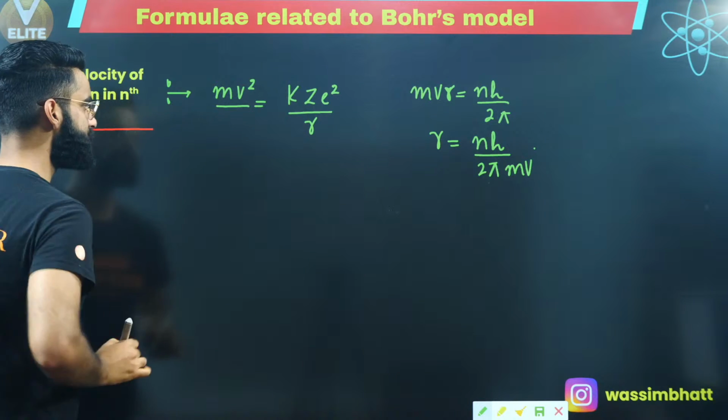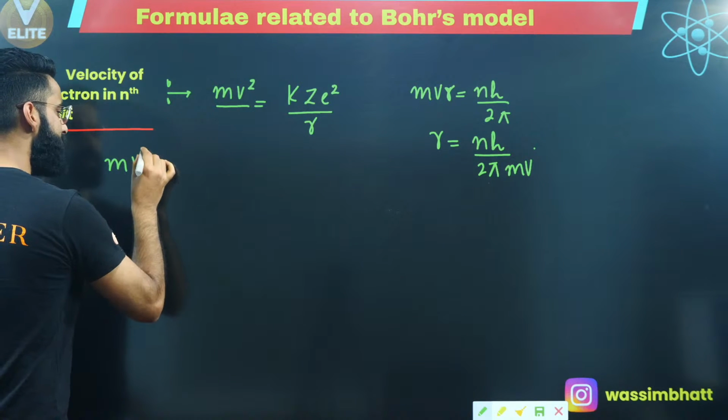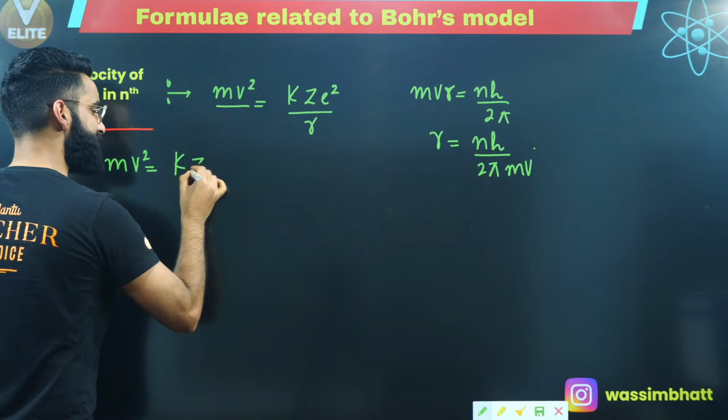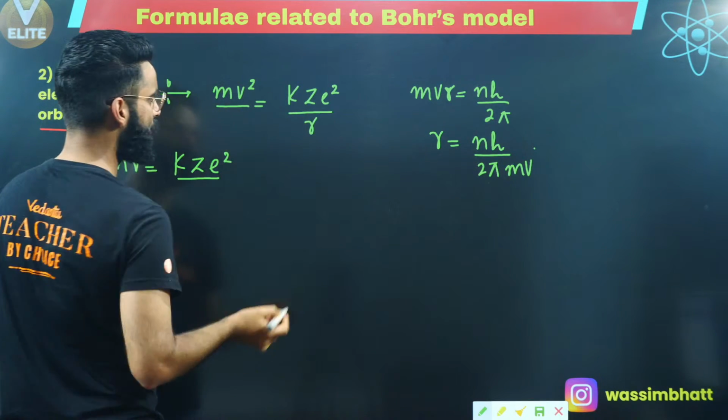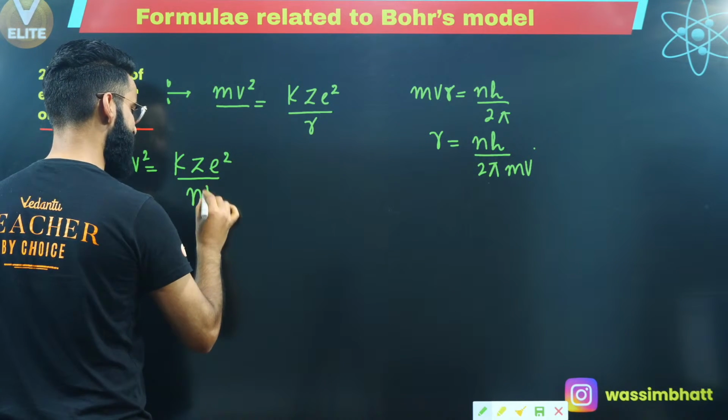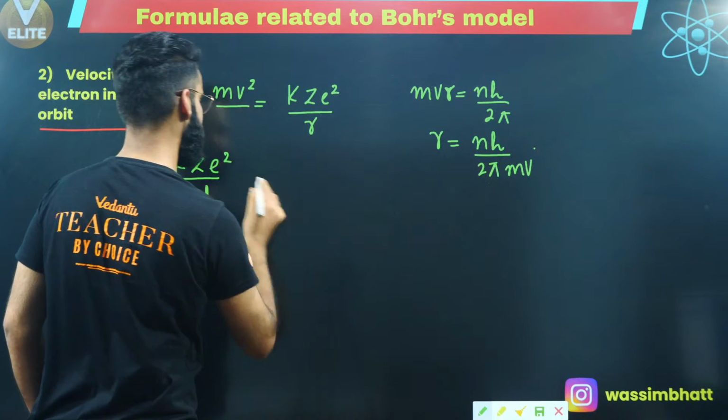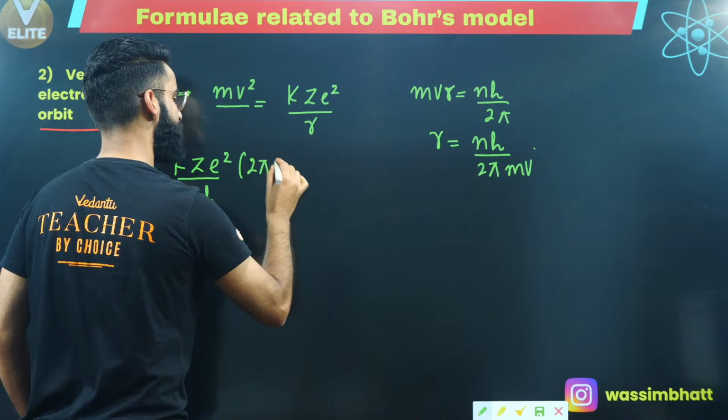So can I say mv square is equal to k z e square divided by r? Instead of this r, I'll be writing nh divided by 2 pi mv. That 2 pi mv will come to the numerator.